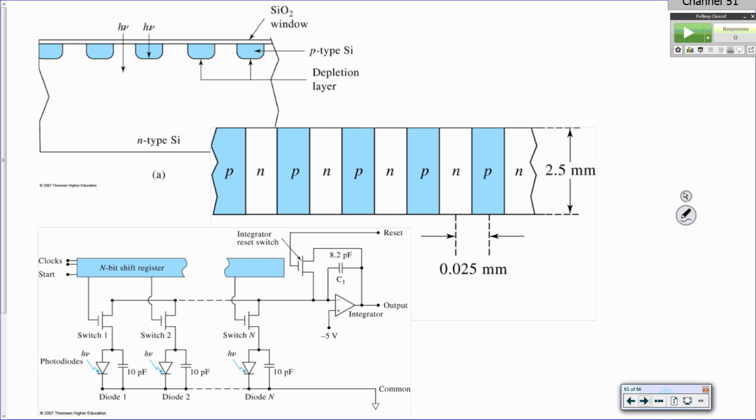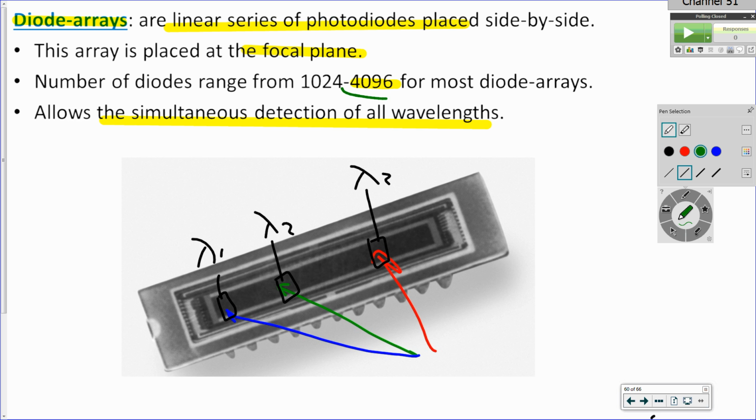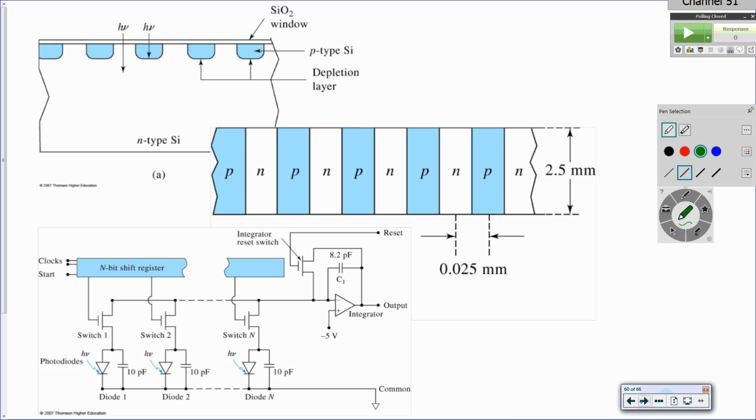Now, the downside to it is you're not just reading one signal, you're reading 4,000 signals simultaneously. However many diodes there are, you have to have the circuitry to read all those different points simultaneously. So the first instrument that I saw that was a photodiode array was a desktop instrument.